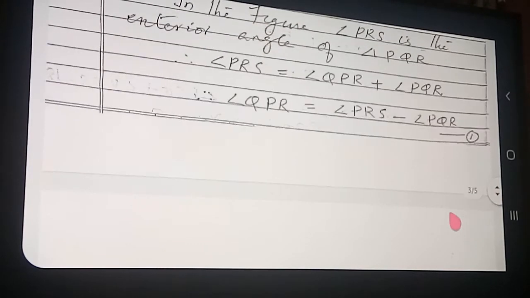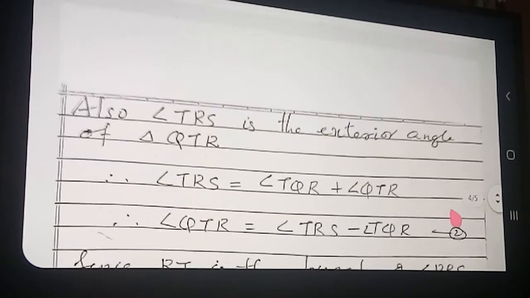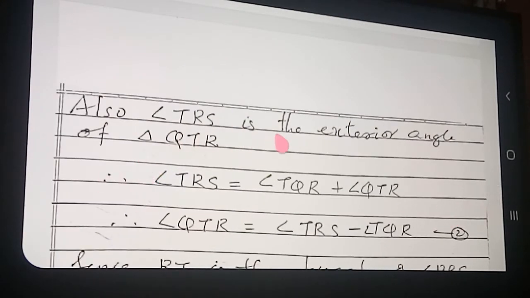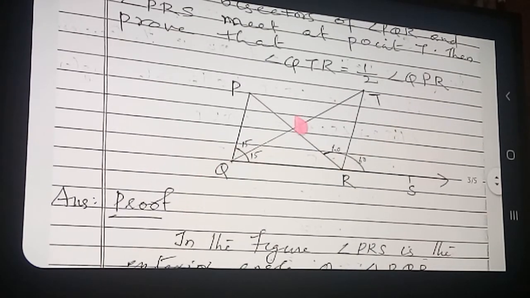Okay. Next point, you can see what is written here. Also, TRS is the exterior angle of triangle QTR. That you can also see in the diagram. This we can explain only with the diagram.